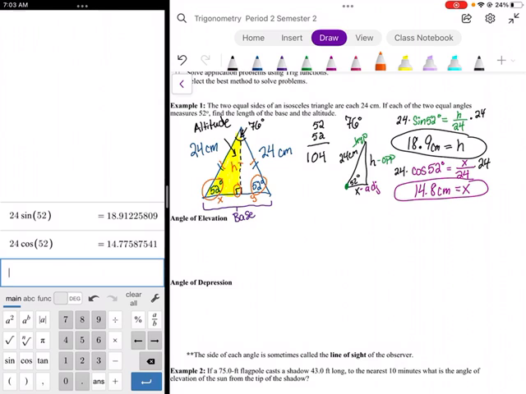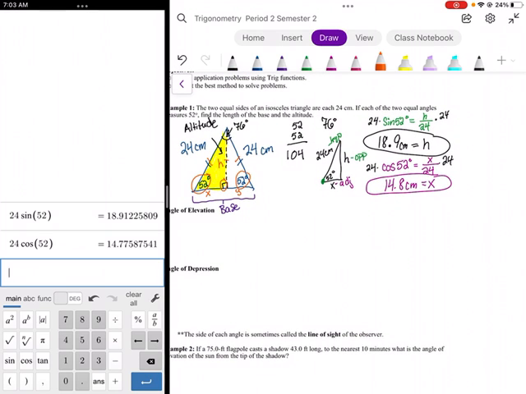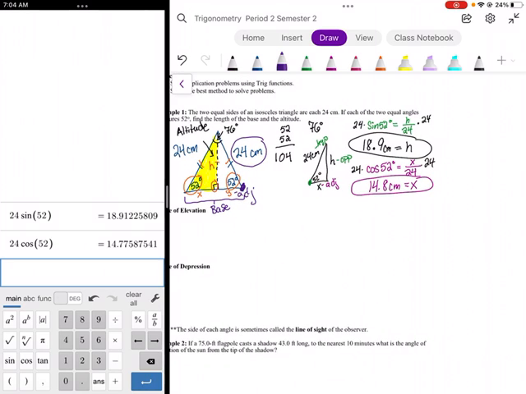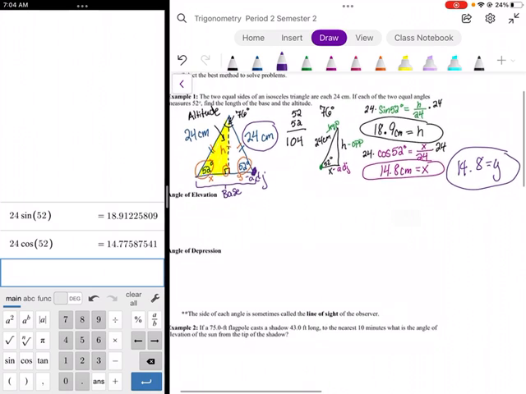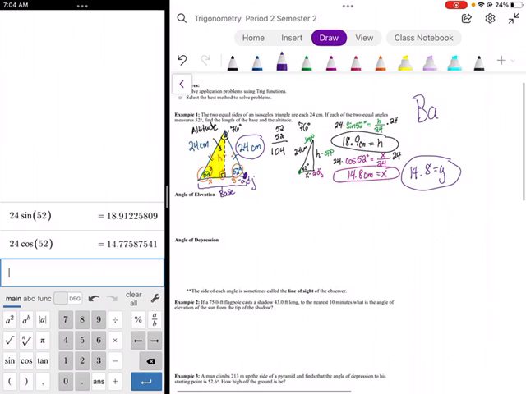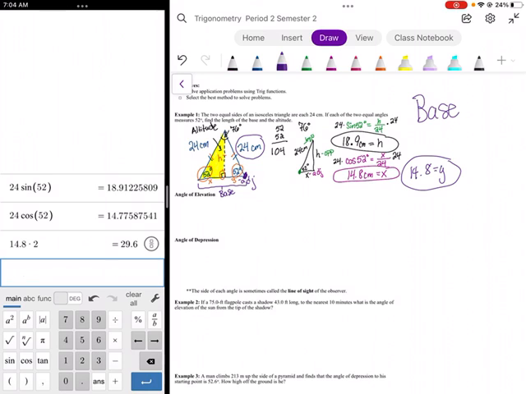And there's a very good chance it will be, because y is going to be our adjacent side. We're going to have our hypotenuse of 24, so we're going to have to do cosine of 52 equals y over 24. So we'll end up with the same value that we did for x, and that's going to be equal to y. So our total length for our base is just going to be that value times 2. So we'll take 14.8 times 2, and that gives us 29.6 centimeters.